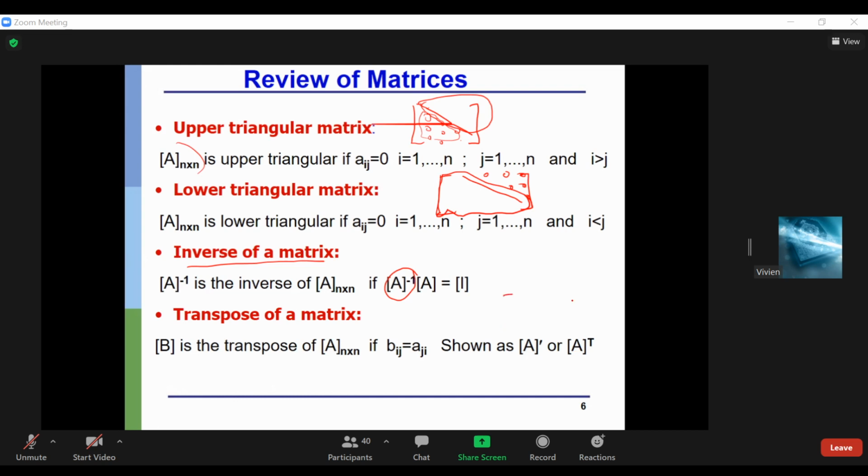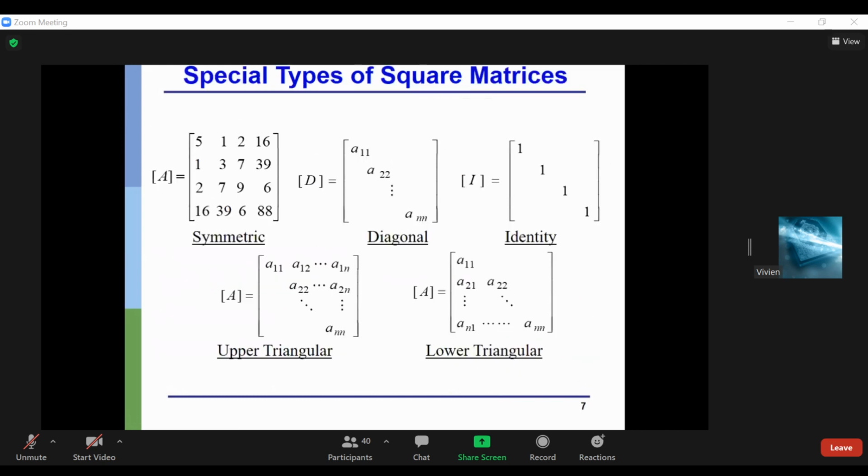Transpose means that an element in a column is changed into a row, so the rows become the columns and the columns become the rows. So this is the transpose of the matrix. These are the special matrices, and these terms will be used throughout this part.